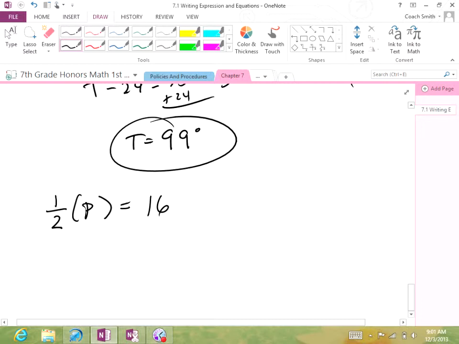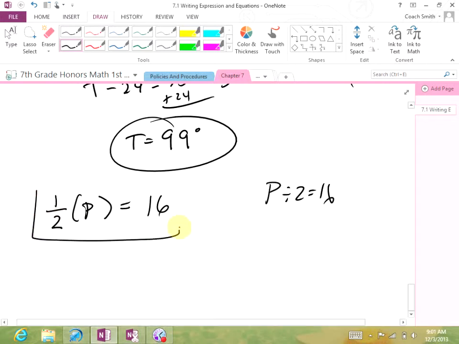Okay, what you said was right. Also, Nicole, you could write that as p divided by 2 equals 16. That would be correct as well. Okay, now, what is 1/2 of some number and it equals 16? If I take half of a number, it has to equal 16. 32.